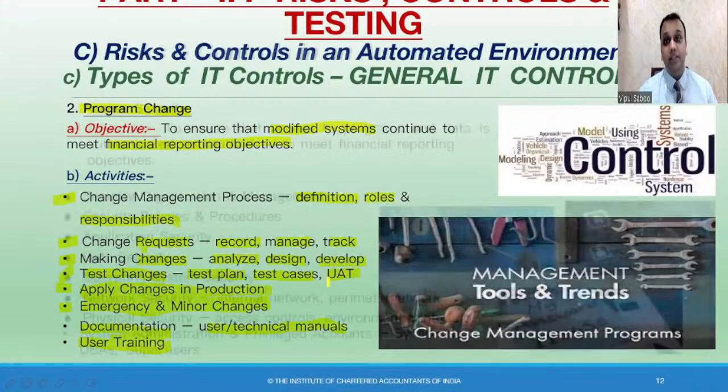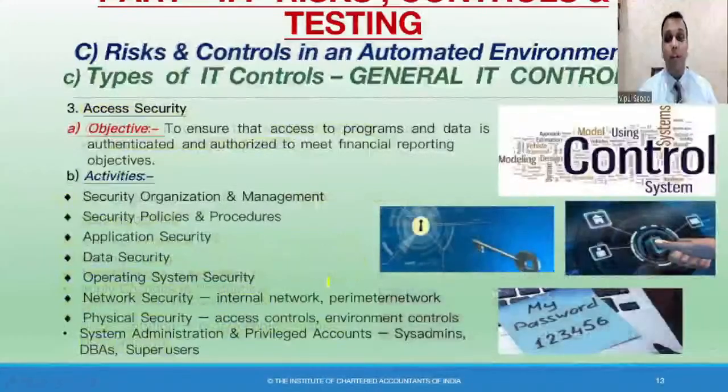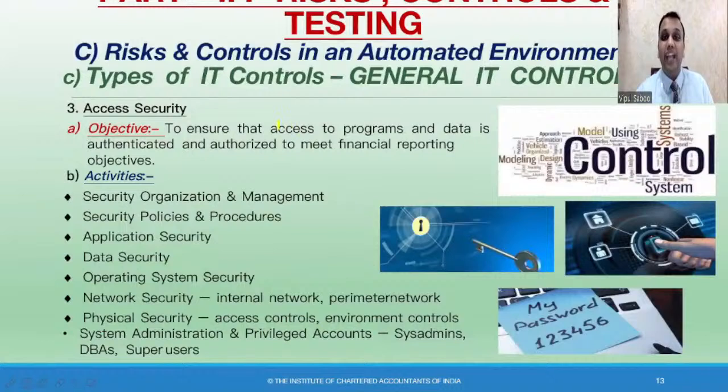The third and the most important, and I like it the most because it is the most common and the most sensitive kind of control, is access security. To ensure that access, meaning reach to our programs and data, is authenticated. How do you authenticate?